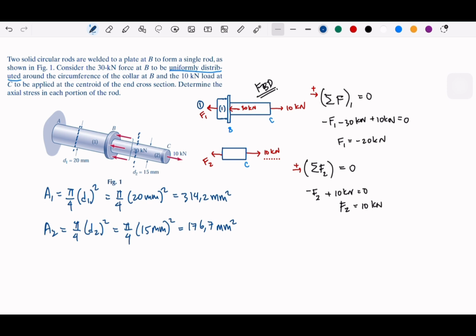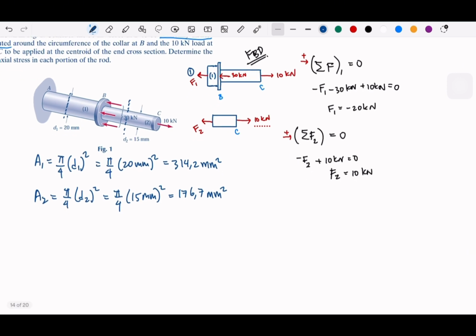And then based on what we have, we can find the axial stress. Sigma 1 is F1 over A1, which we can just input: negative 20 kilonewton over 314.2.